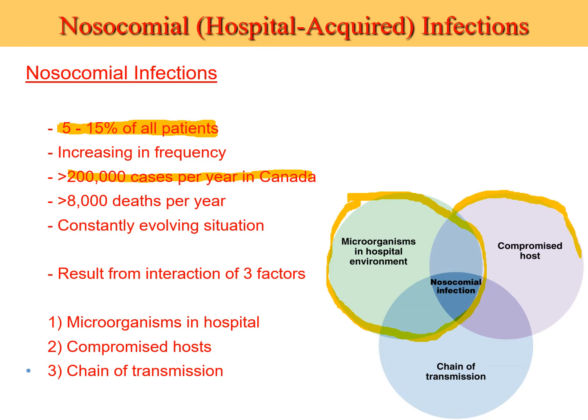And it's the compromised hosts that will pick up the organism and get an active infection. And then there has to be some sort of chain of transmission that spreads it throughout the institution. And so where these three things overlap, that's where you get cases occurring. And the more they overlap, the more the cases are.